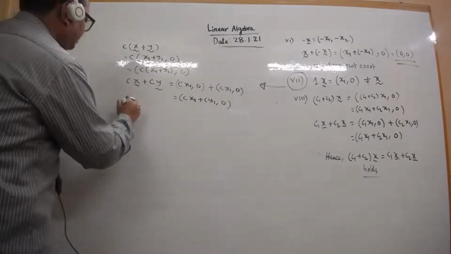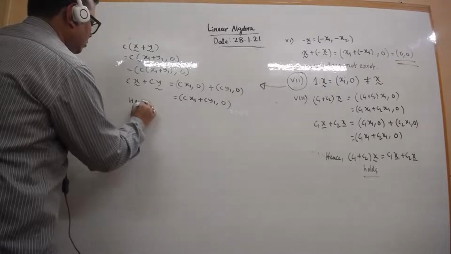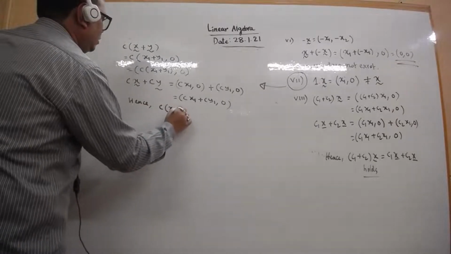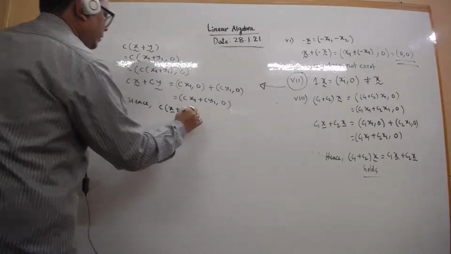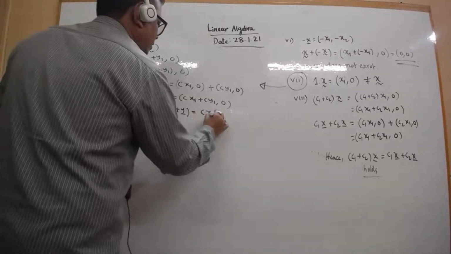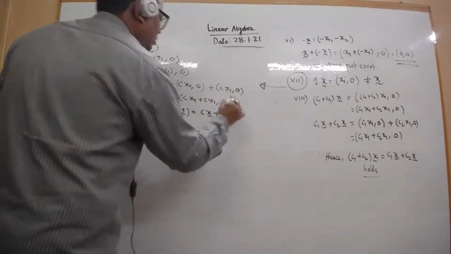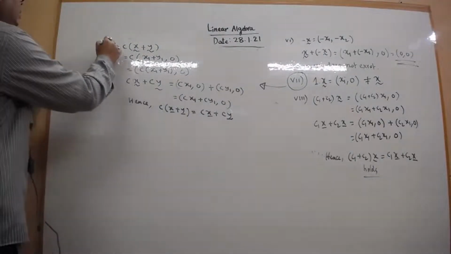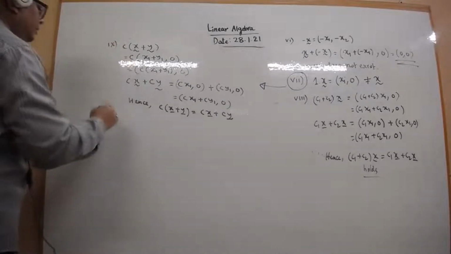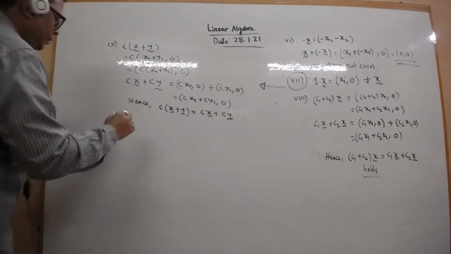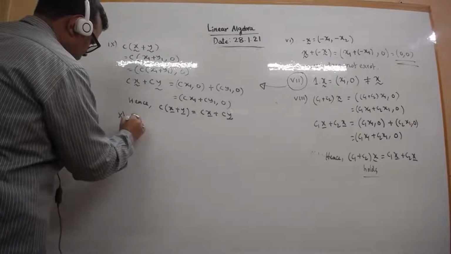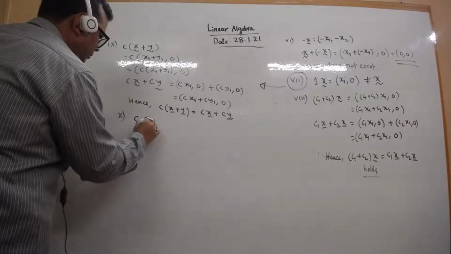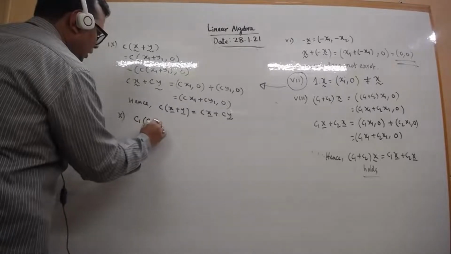Hence this property also holds. I think this is property number 9. And the last property, C1 times (C2 x curl).